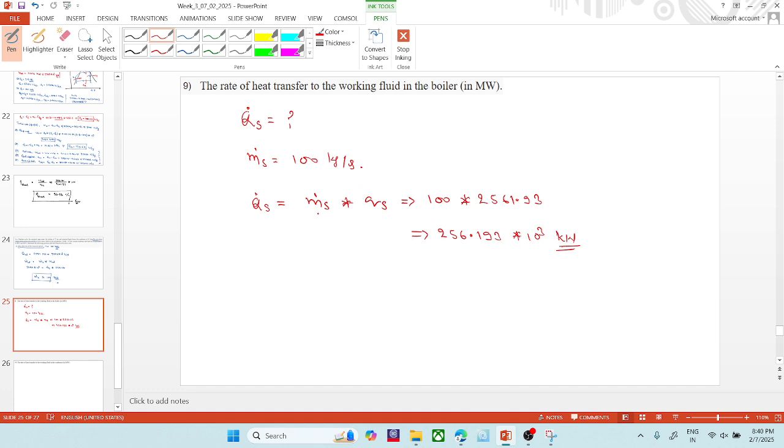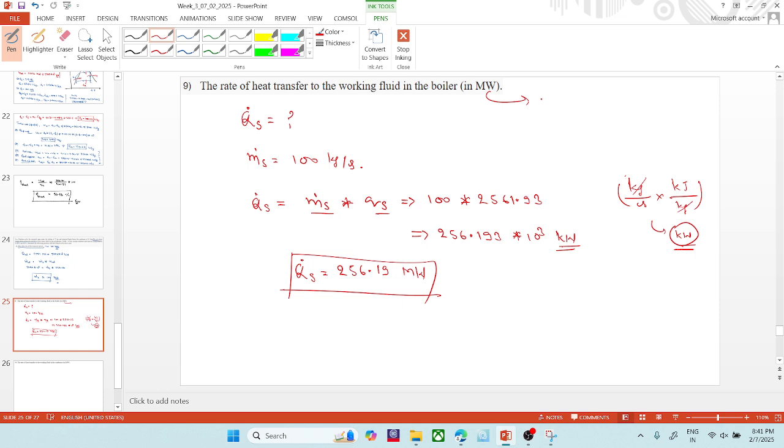Don't get confused by the unit: kg per second into kilojoule per kg, kg cancels, and this would be kilowatt. So Q dot S is equal to 256.19 megawatts, as they have asked in megawatt.